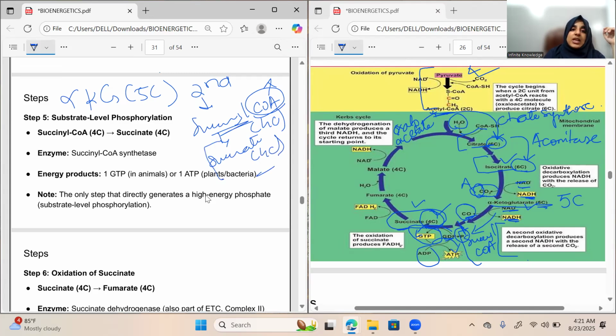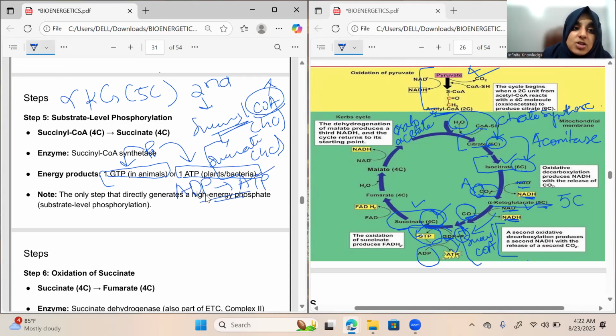But what happens over here when succinate is being produced? It produces one GTP in animals or one ATP in plants and bacteria. So if we had GDP, it is converted into GTP, because one inorganic phosphate either adds to GDP or adds to ADP, and converts it into ATP.